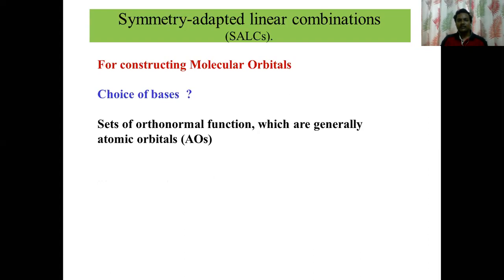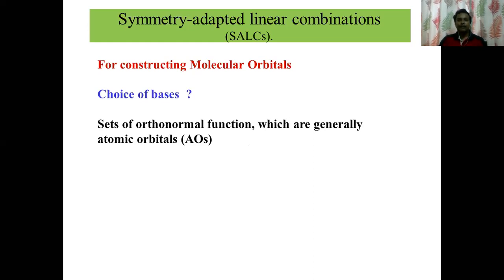So the natural choice is going to be orthonormal functions of the atoms which are in the molecules, right? Those are basically a set of functions which are atomic orbitals, and they are of course orthonormal when they're sitting in the two other atoms, right?